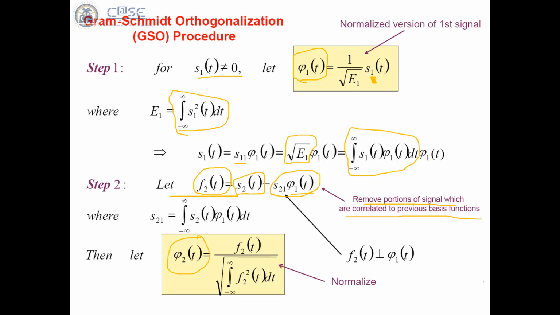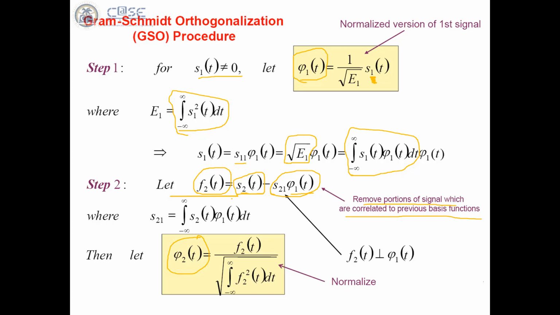That is, you are removing the contributions of s2 of t that are correlated with the previous basis function from the original function itself. So the remaining portion will be stored in f2 of t, which will be totally independent of the previous basis function phi 1 of t.